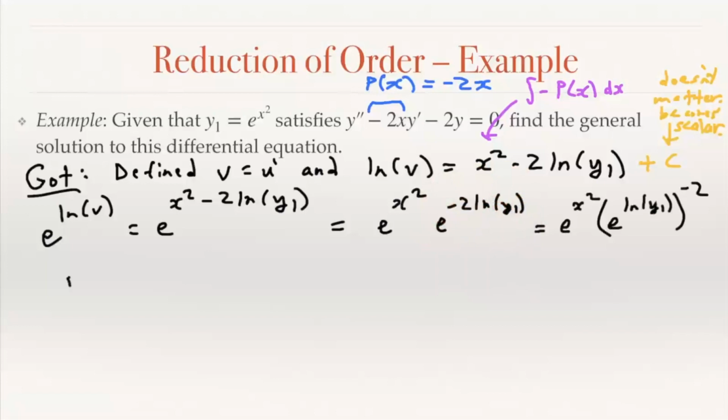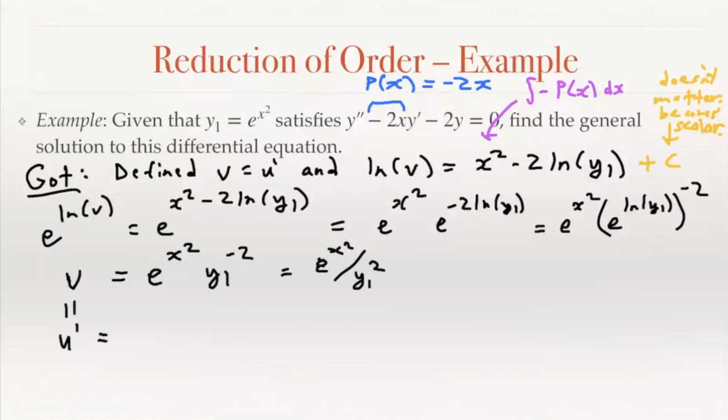Okay, so now we have that e to the ln v, which is v, is equal to e to the x squared times y1 to the negative 2, which is e to the x squared over y1 squared. Okay, but v, that was u prime. So we have u prime is e to the x squared over y1 squared.